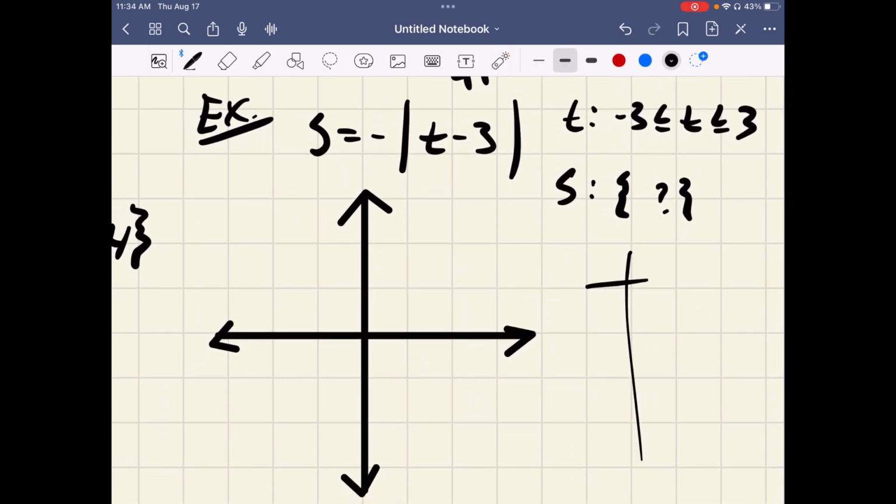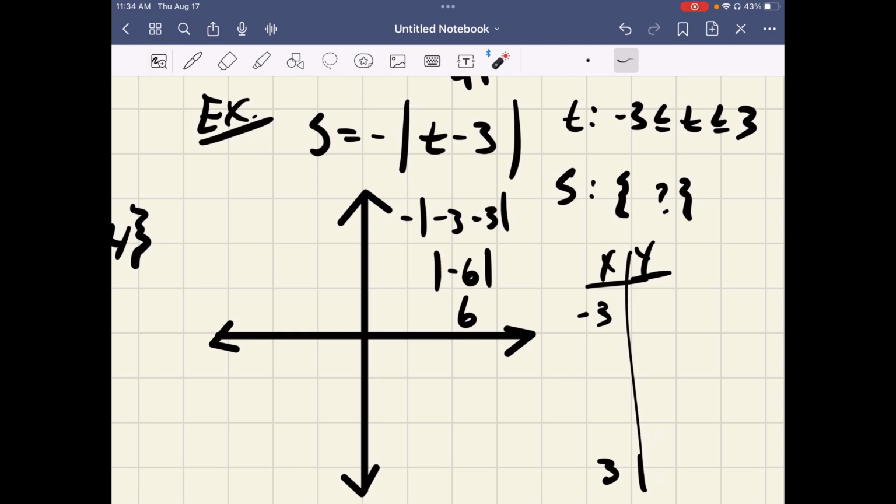So I'm going to make an absolute value table right here. I know I'm going to have the two ends of -3 and 3. Those are my maximum and minimum for my domain. I have negative absolute value of -3 minus 3, which is the absolute value of -6, which is +6. And don't forget, I still have that negative out front, so that would make it in the end a -6.